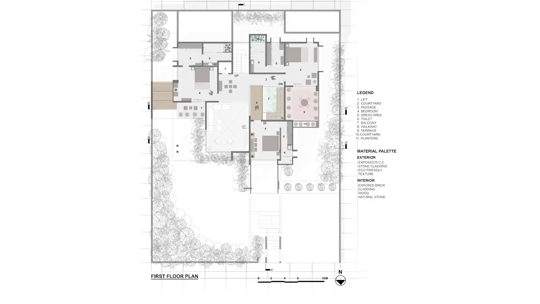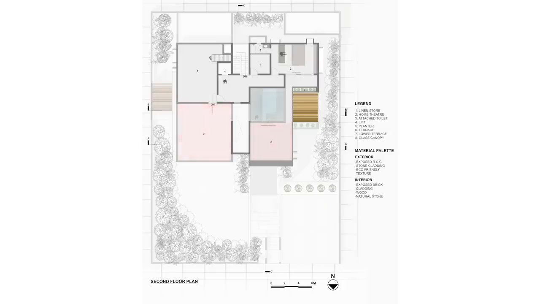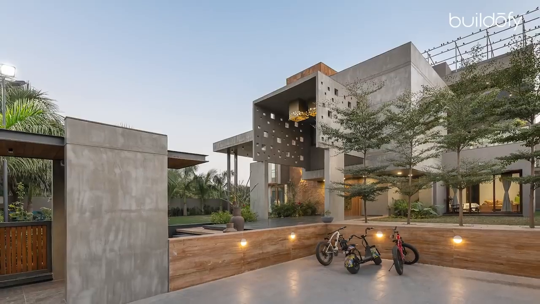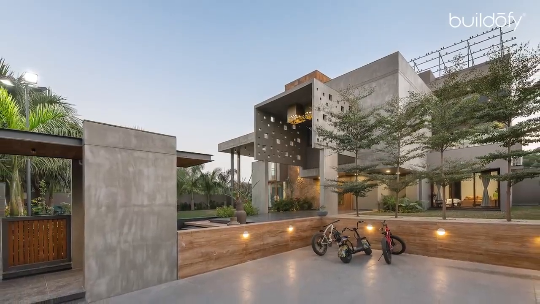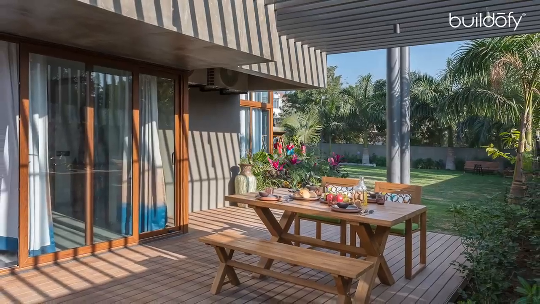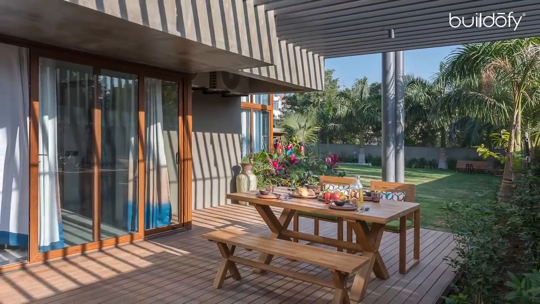This was achieved by creating a series of setbacks on each subsequent level. This way, a series of outdoor congregational areas are built into the very fabric of the building to allow users greater flexibility when it comes to entertaining the guests.